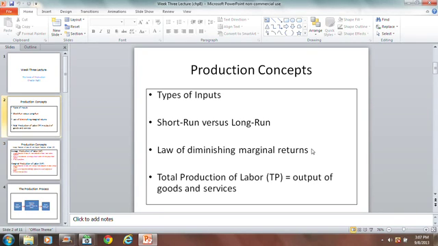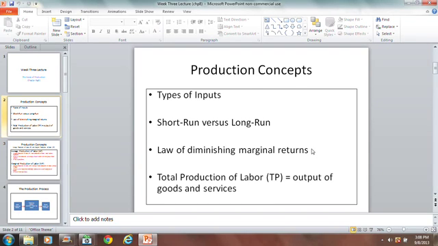If I have a fixed number of machines and I keep adding more workers to use this fixed number of machines, eventually at some point productivity is going to start to suffer. And we want to try and isolate when that deterioration in production occurs. And the law of diminishing marginal returns will give us guidance as to how to find it.